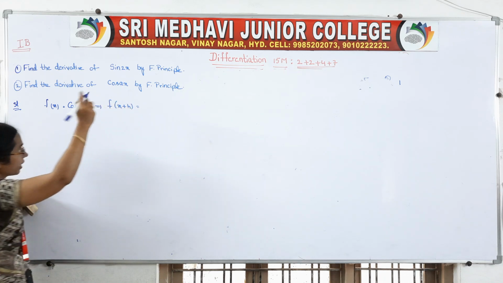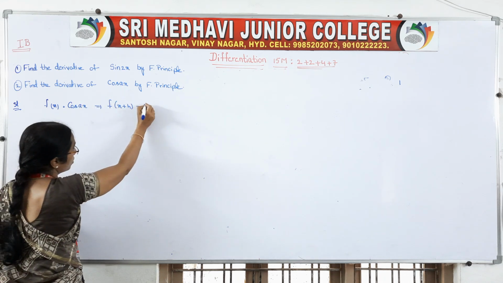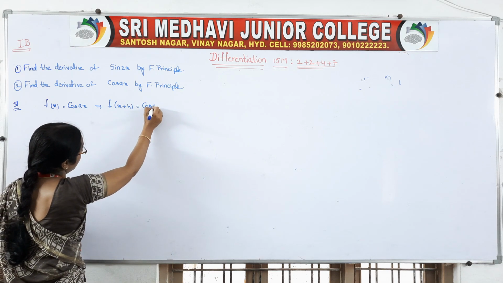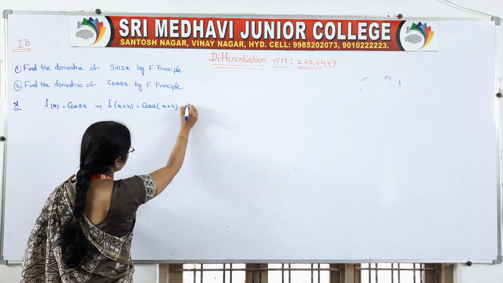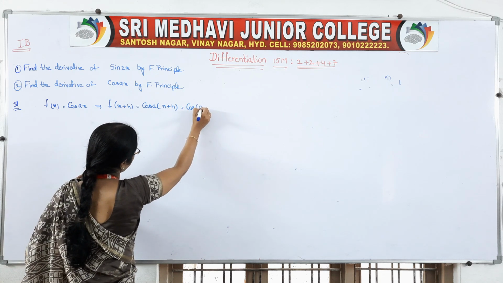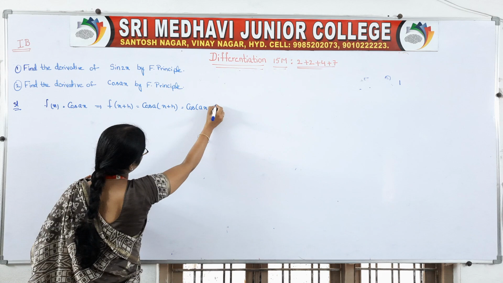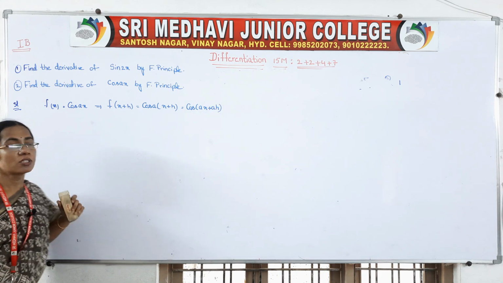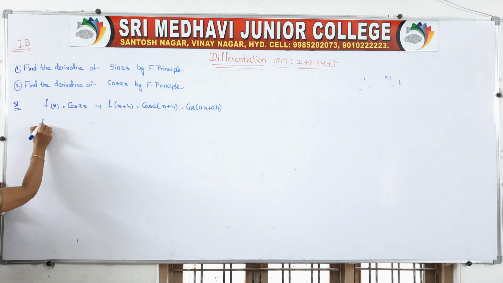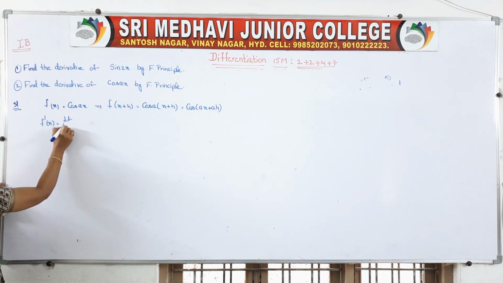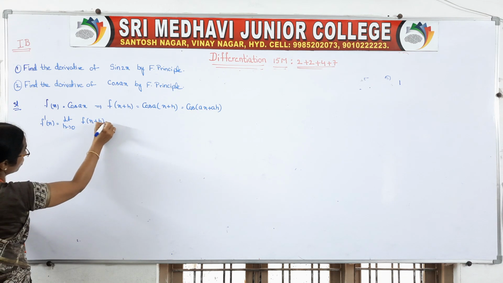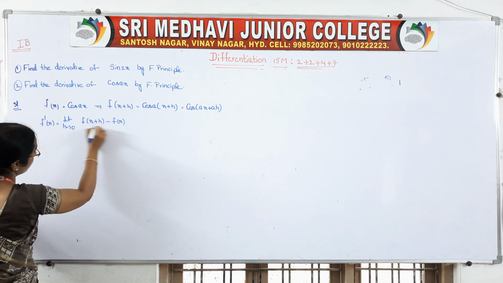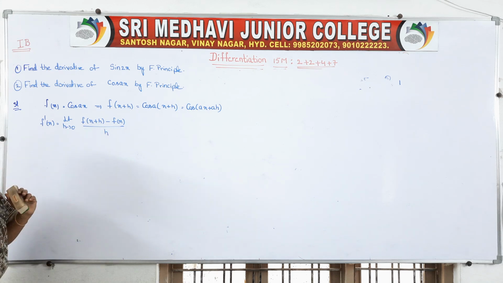In the function, wherever x is there, you have to take x plus h. So x plus h. We can write this as cos of ax plus ah. Okay, so now you take your first principle formula: f dash x is equal to limit h tends to 0 of f of x plus h minus f of x by h.